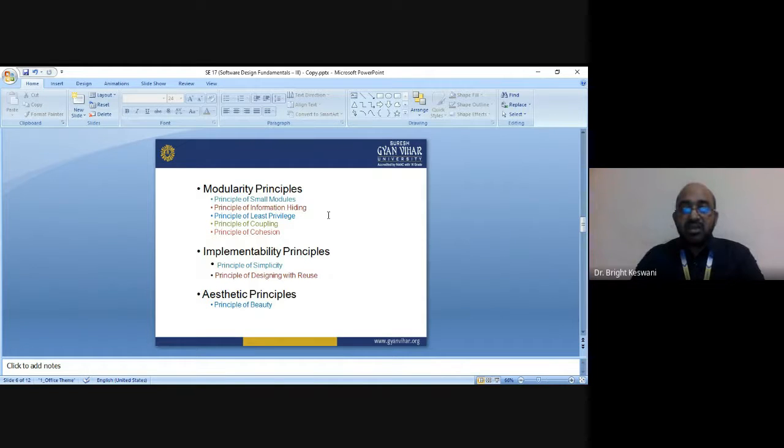Next is the principle of information hiding. Information hiding is shielding the internal details of a module's processing from other modules. So what does the principle of information hiding suggest? It suggests that the module should hide private information.